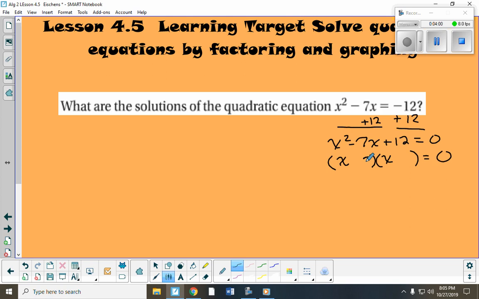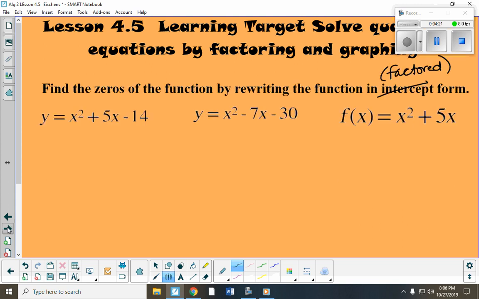So 3 times 4 is 12, and 3 plus 4 is 7, and negative 3 and negative 4 gives us negative 7. And so if we set each of those factors equal to 0, x equals 3, and x equals 4, and those are our solutions.